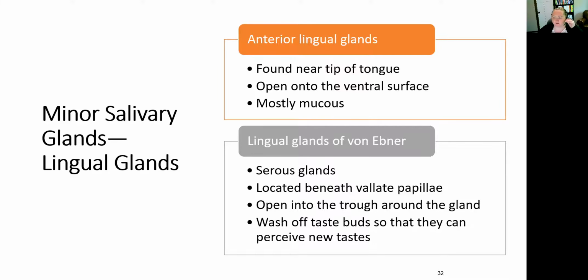Very good. Okay, so the lingual glands of von Ebner, located beneath the vallate papillae. They're in that trough, right? And they're secreting serous saliva, not mucus, and it's just washing the taste bud, washing the tongue.